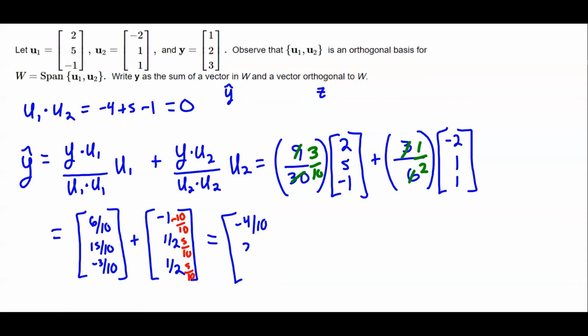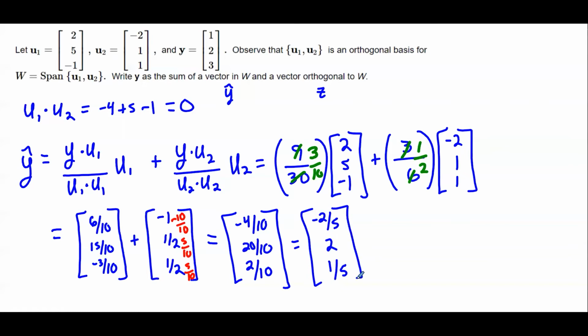This would be 20 tenths and 2 tenths. So that's negative 2/5. This is just 2. And this is 1/5. So that's y hat. That's the projection. And so that's this guy, the one in W.